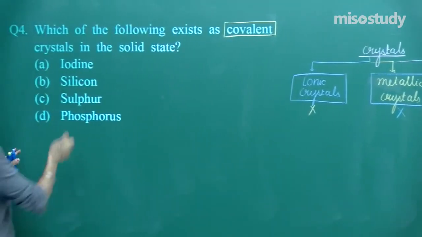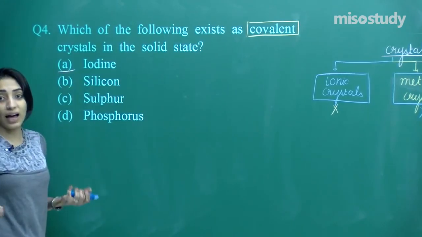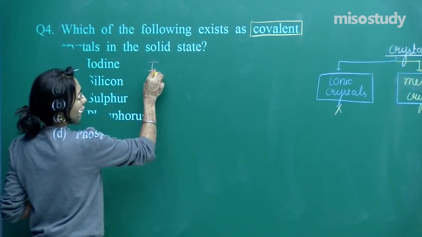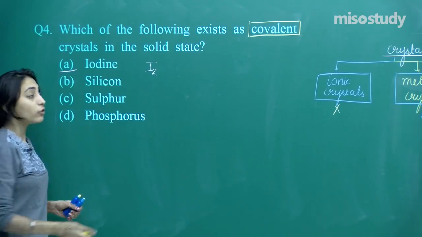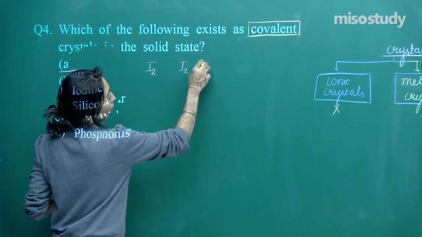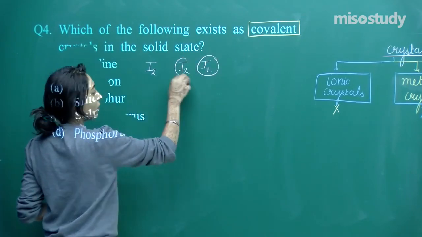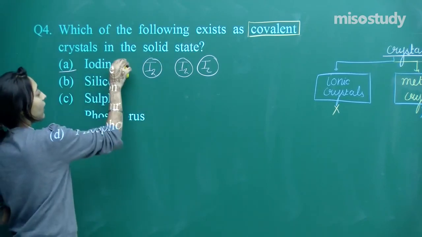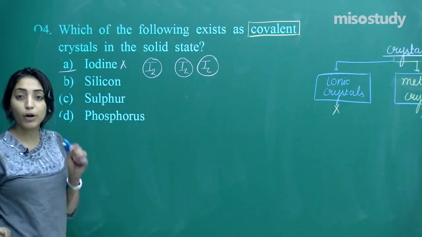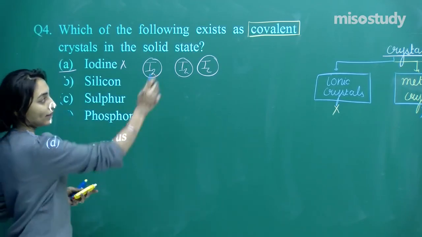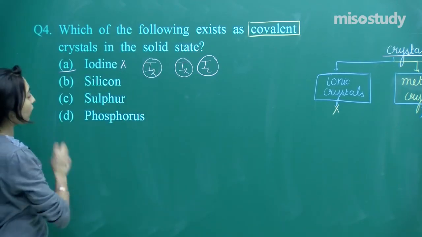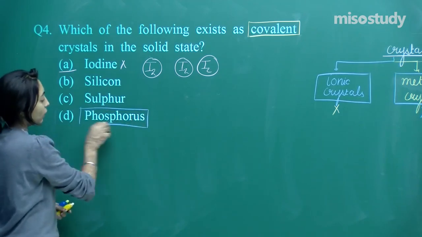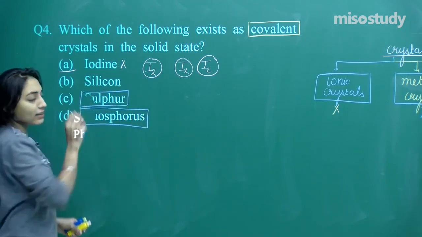Point number 1 is our iodine. Guys, iodine is a molecule which exists as I2. So there may be so many molecules of I2, and this will form the molecular crystal. So iodine is an example of molecular crystal, not of a covalent one. Moving further, consider phosphorus as well as sulfur.